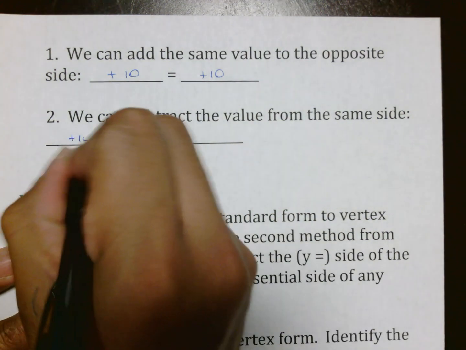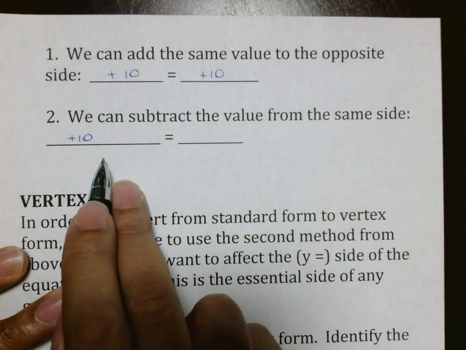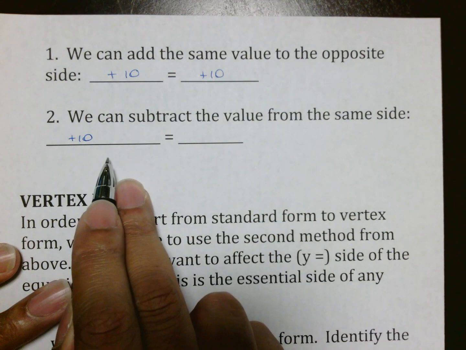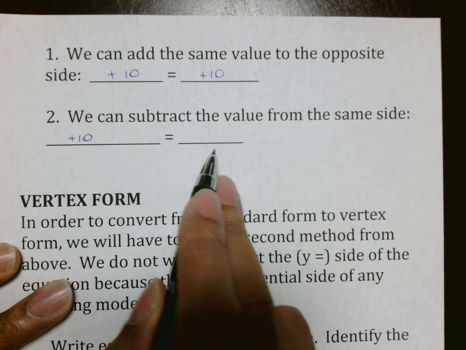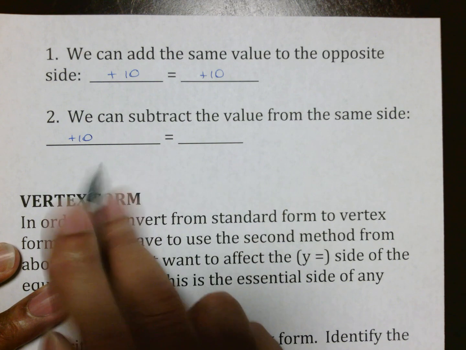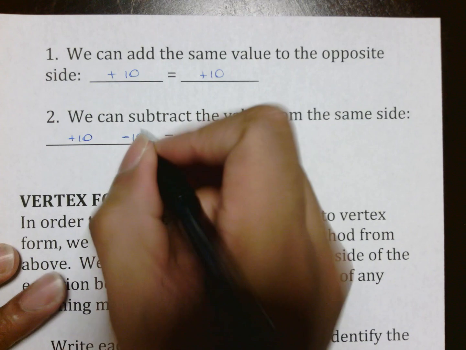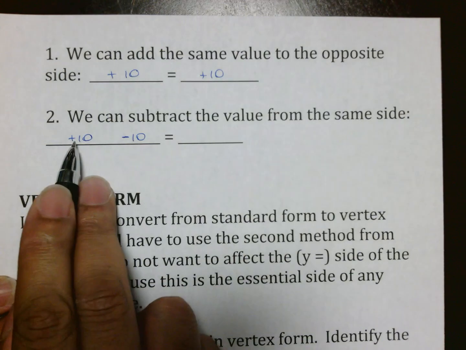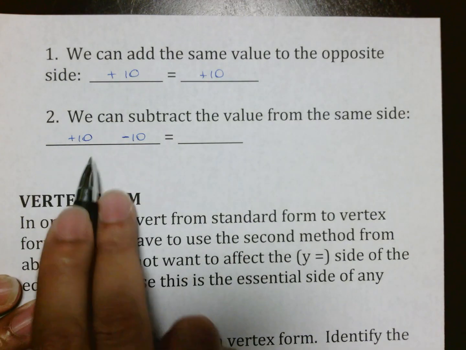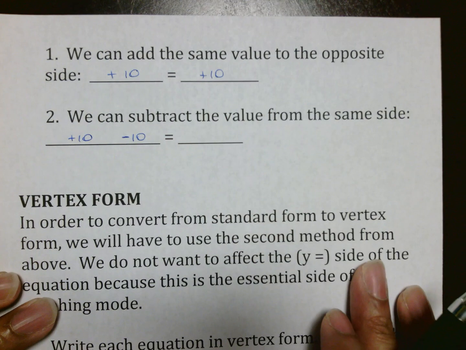So if I add 10 to this side, I just made this heavier by 10. But in most situations, like when we do our vertex form, you cannot touch the other side, so the way you offset adding 10 is by also subtracting 10 from the same side, because positive 10 and negative 10 cancel each other out, and the equation is still balanced.